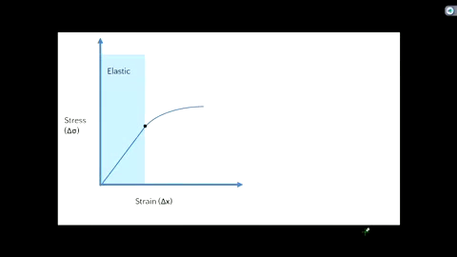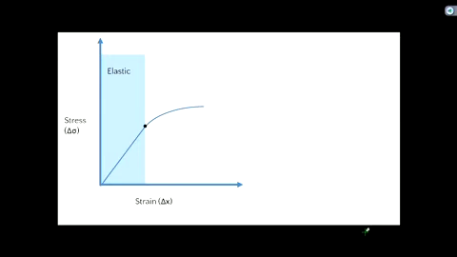Okay, so we talk about elastic and plastic deformation. This is a stress-strain curve. The way to read these is, strain is the change in distance, and stress is how much force you apply. So as we go up the y-axis, we push harder on a material. As we push harder, the thing will start to flex.